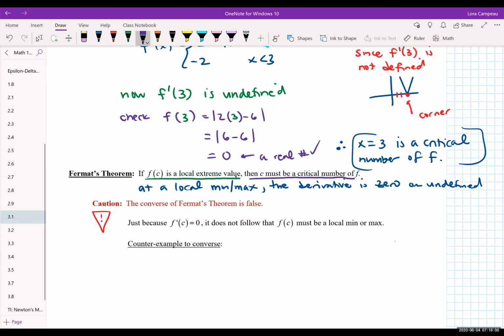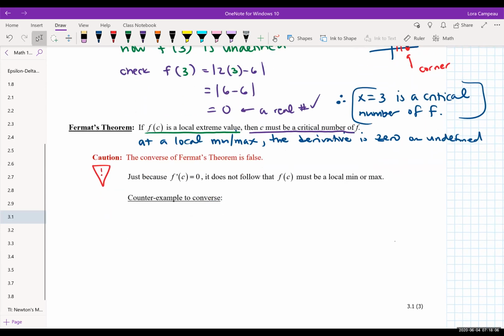Everyone forgets about the undefined part. A lot of times when you end up proving things in your other math classes to come, if you know that something's false, all we have to do is come up with a counterexample so that we can disprove whatever that statement is.